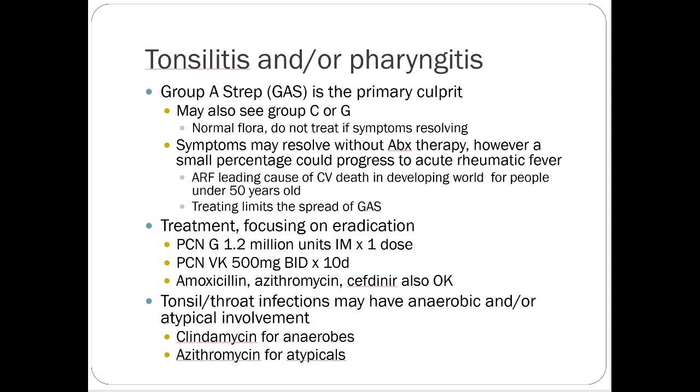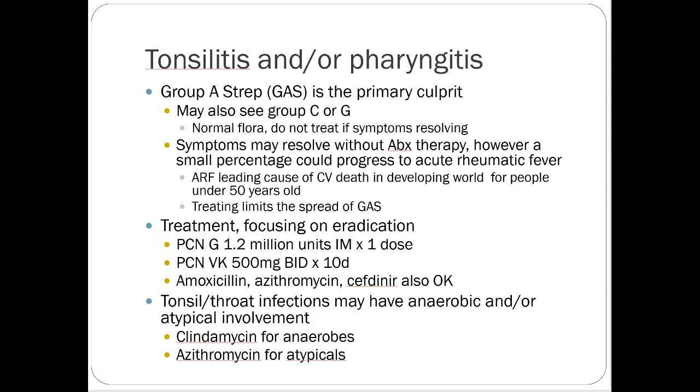The reason why we treat group A strep a little bit more aggressively is people can get acute rheumatic fever from it. It's a super tiny percentage. I worked with this really cynical physician who would always say that you're more likely to get anaphylaxis from penicillin than you are to actually get rheumatic fever from group A strep, which he might be right. So anyway, the odds of getting this are really rare.